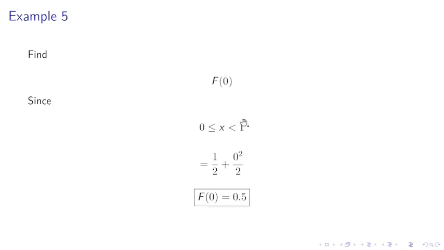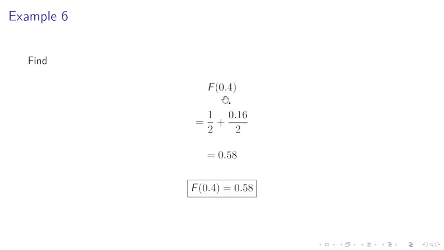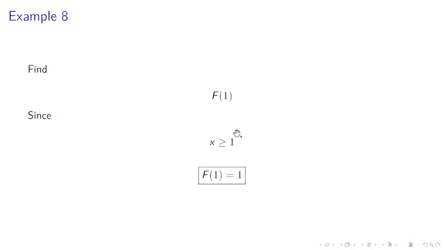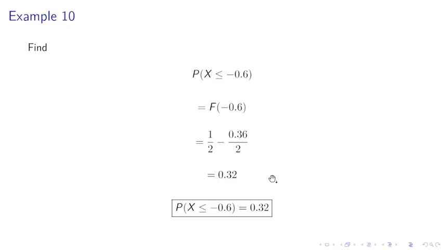For F of 0, the range is 0 to 1, so 1 by 2 plus x square by 2. In place of x, we have 0, so it is simply 1 by 2, that is 0.5. For F of 0.4, it is 0.58. F of 0.8, it is 0.82. F of 1, it is greater than or equal to 1, so we use F of 1 is equal to 1. F of 2, it is 1.